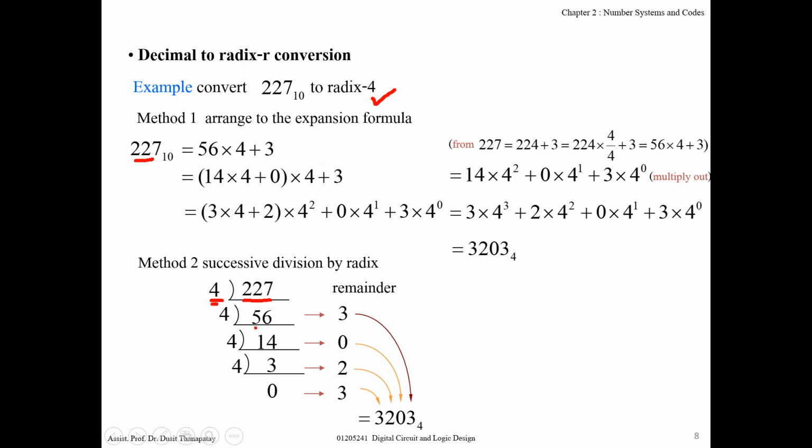Then it's 4, because 4 times 56 plus 3, right? Then 3 is the remainder. After that, 4 times 14, right? And the remainder is 0. 4 times 3 plus 2, right? 2 is the remainder. Okay, it becomes this one.